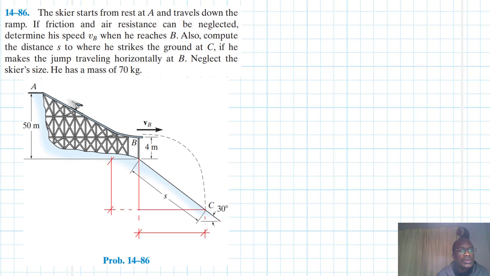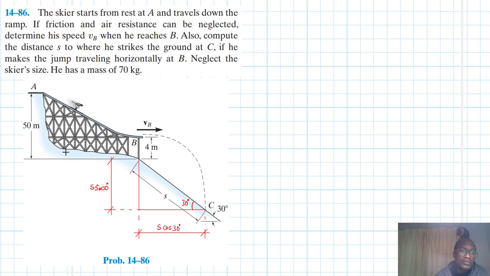So we are going to call this distance here S, because this angle here is 30. Therefore this is S sine 30, and this is S cos 30.